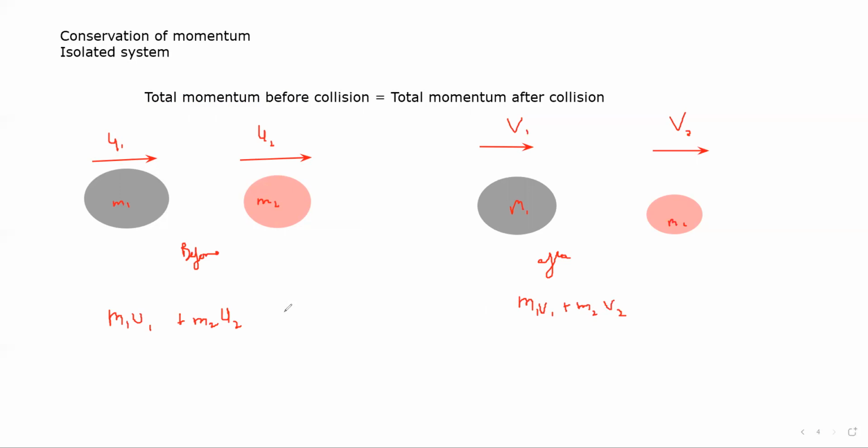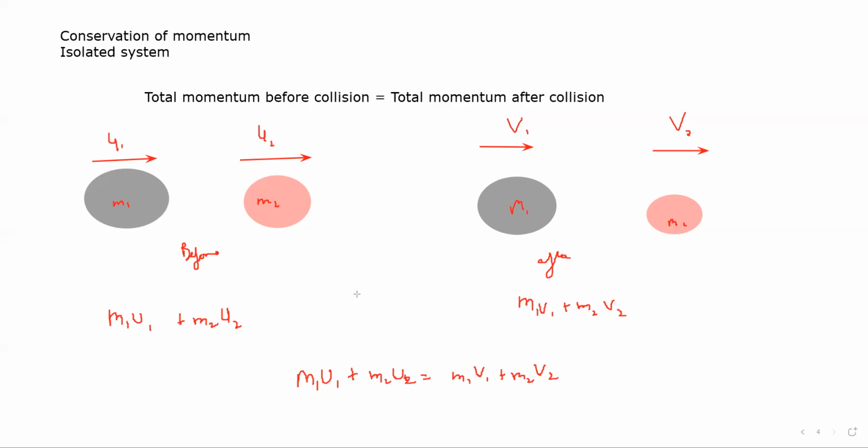If it is an isolated system, there is no resultant force, nothing opposing the motion, like friction or air resistance. So the momentum before collision, M1 U1 plus M2 U2, is equal to M1 V1 plus M2 V2. This is known as the conservation of momentum in one dimension.